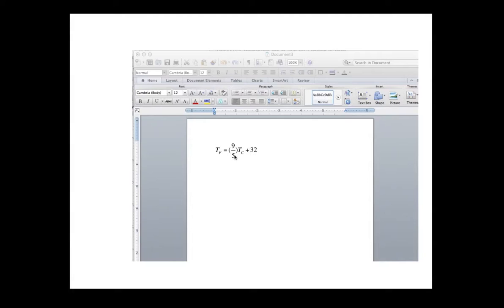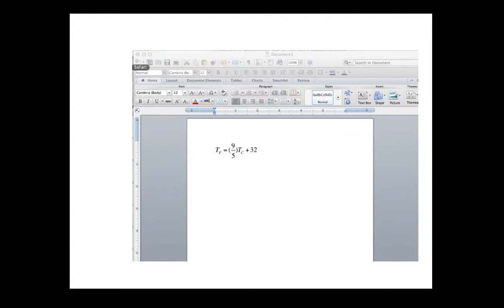And if you want to convert to Fahrenheit and you have 50 degrees, what you need to do is use this formula. Make a substitution of the TC, which is going to be 50 degrees Celsius, then plug in the number and use a calculator to do that.